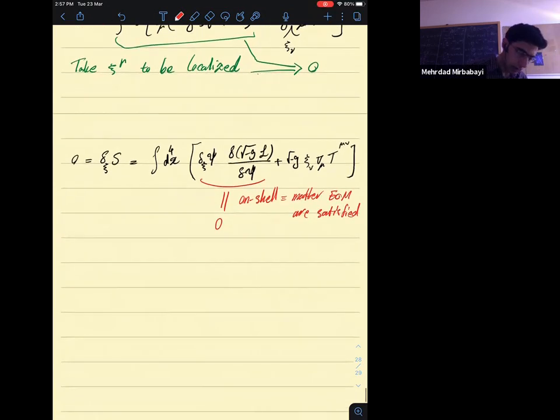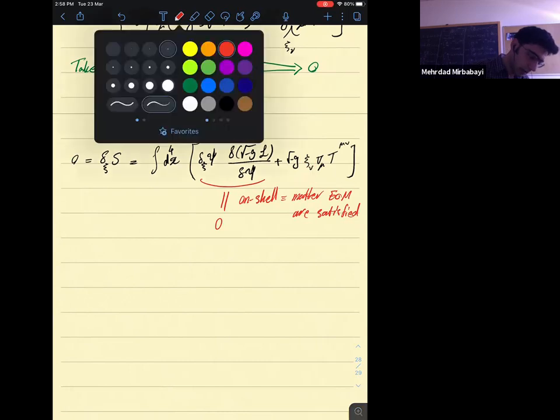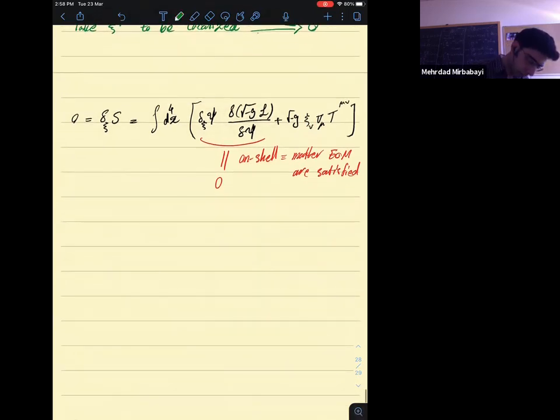Since the whole thing has to vanish, and since xi is an arbitrary function, can be localized at any point, we conclude that del mu T mu nu on shell is equal to 0.